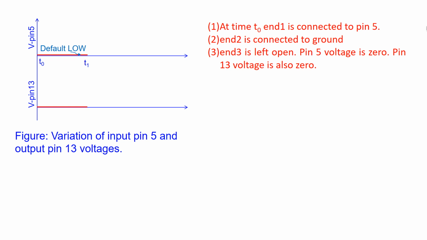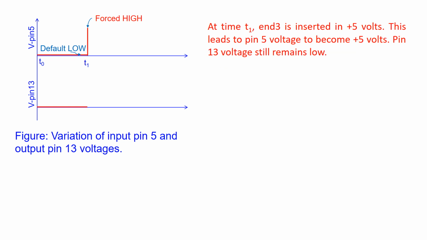Pin 5 voltage is 0 and pin 13 voltage is also 0. At time t1, end 3 of the fly lead is inserted in 5 volts. This leads to pin 5 voltage becoming plus 5 volts. Pin 13 voltage still remains low.